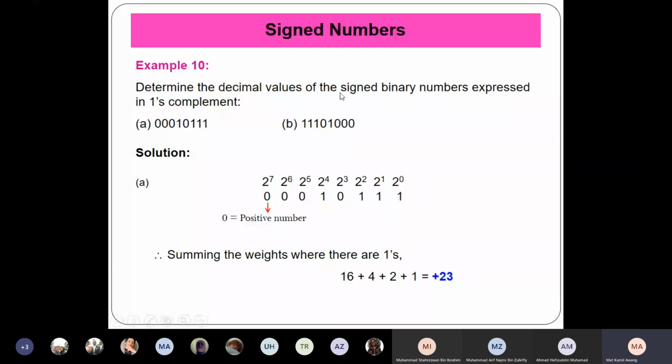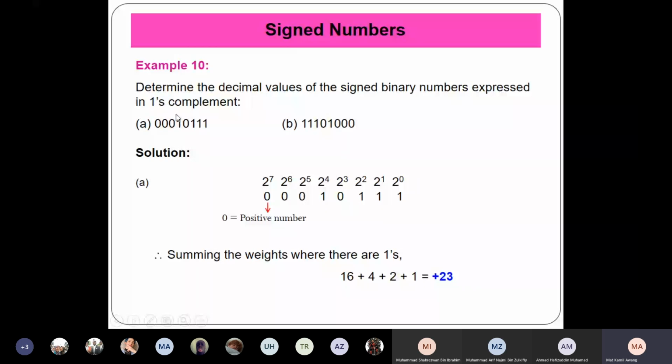In this example, we tell you it's a signed binary number expressed in 1's complement. If we don't tell you, you will not be able to determine the decimal values. So in the question, we will tell you whether it's signed magnitude form, 1's complement, or 2's complement when dealing with signed numbers.